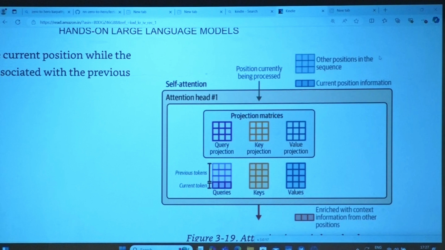Now, if you notice, for every word, there is all the Q's, K's and V's. I think it's not come out here too clearly. The current token gets multiplied with the, like that, for every token, there is a Q. You see there, in the below picture, there is a Q for every token, previous tokens and the current token, and similarly keys and similarly values.